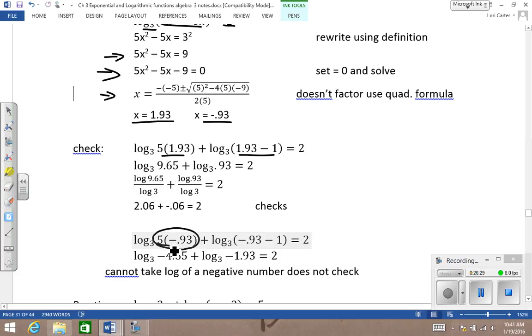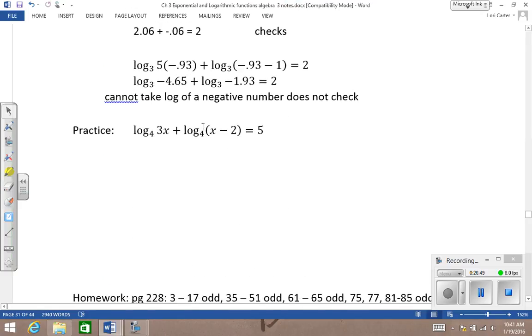Negative answer. Is it going to work? No. Logs cannot have negative numbers. That will give you a domain error. 100% no. This will not work. So your answer is 1.93 only. Do you have to check? Yes. Every single time. Okay, you have one.